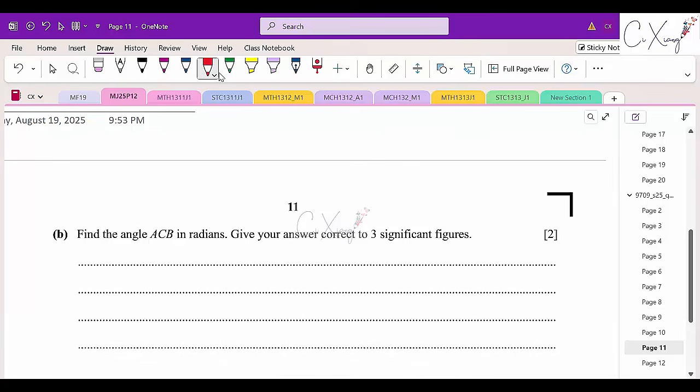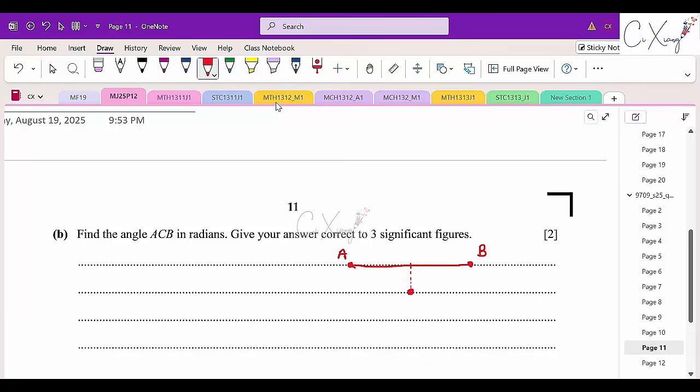Angle ABC, if you look at it, basically it is a triangle. Let us try to draw out the triangle first. Let's say this is my A, this is B, and this is C. By right, C should be at the same x coordinate as the center of AB, because C is the center of the circle.